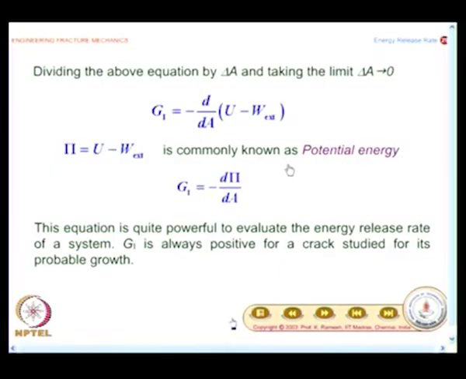So, we write G1 as minus of d capital Pi divided by dA. So, this is the generic expression. What you have to keep in mind is G is always positive for a crack studied for its probable growth. So, what you will find is the whole expression will become positive for given specific instances.